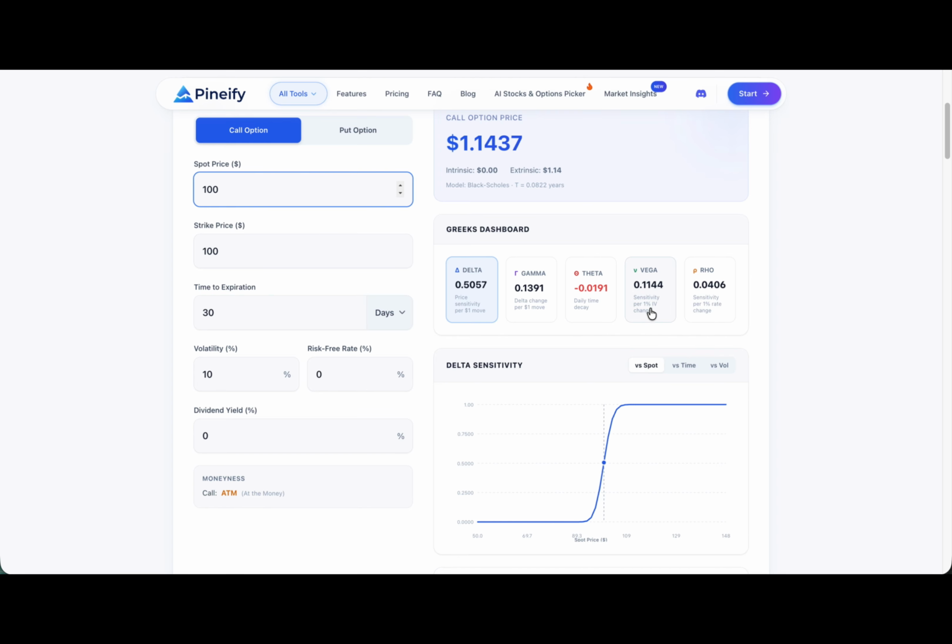So the value of the Vega, as you see here, is the change in the option premium when the volatility increases or changes by 1%.